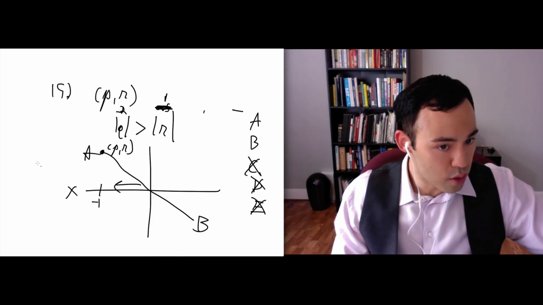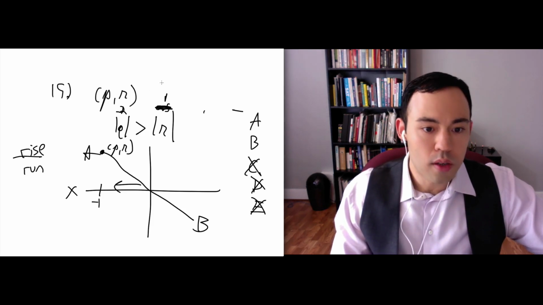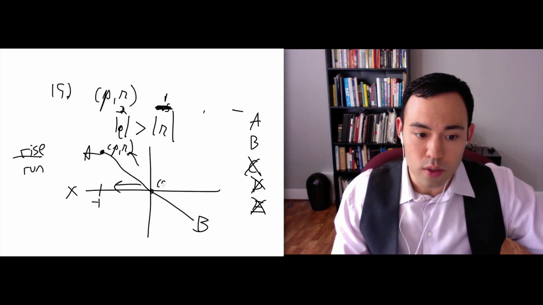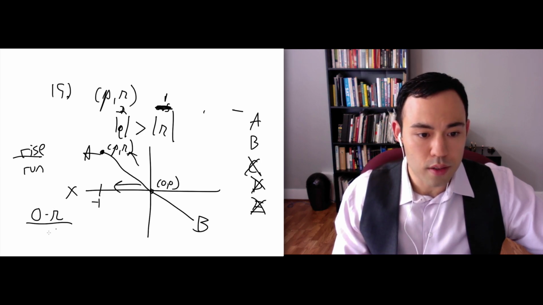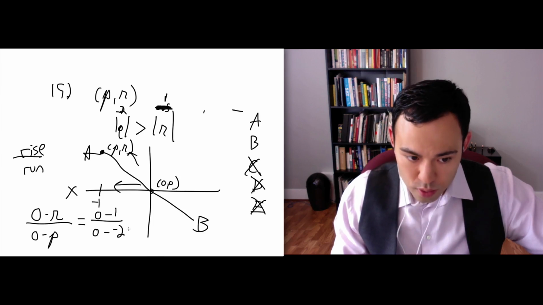So slope is rise over run. It's going right to the origin, so let's just compare it to 0. Rise over run: 0 minus R over 0 minus P, which will be 0 minus 1 over 0 minus a -2.